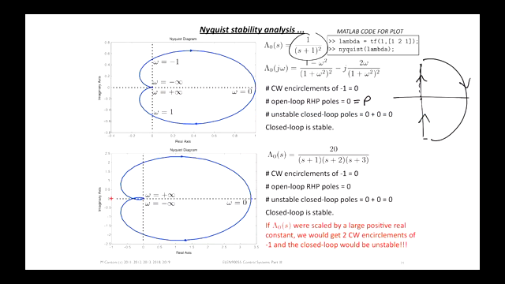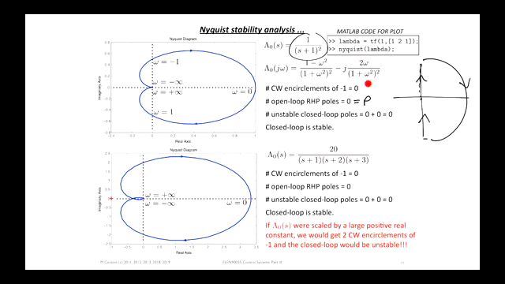As we start increasing omega, the imaginary part starts becoming negative, and so we're moving in this direction, which is how the imaginary part becomes more negative.